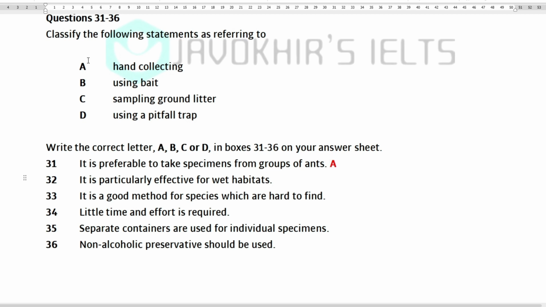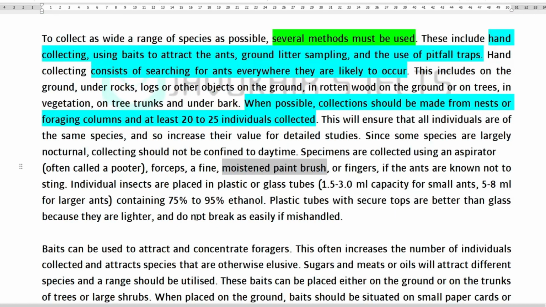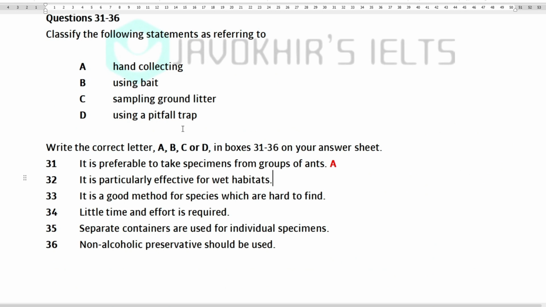It is particularly effective for wet habitats. Since some species are nocturnal, collecting should be more right. Forceps or a fine moistened paintbrush. If ants are known, individual insects are placed in plastic or glass tubes containing something. Plastic tubes with secure tops are better. Again, it is particularly effective for wet habitats.